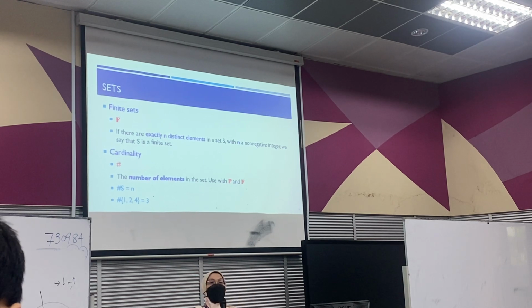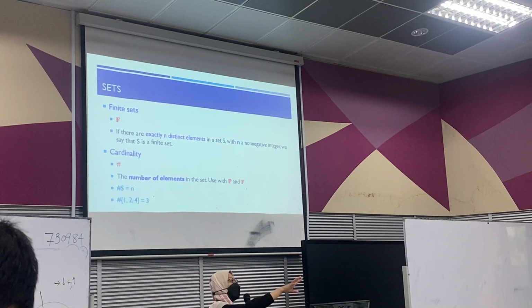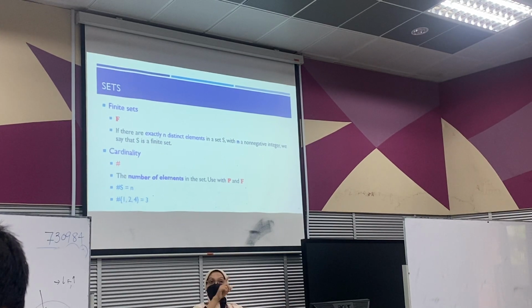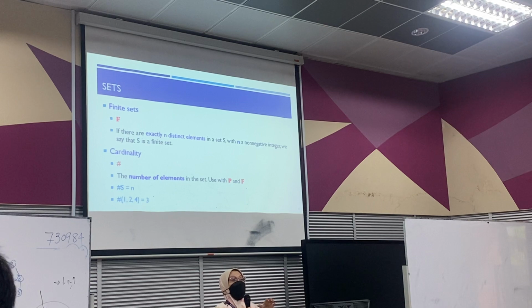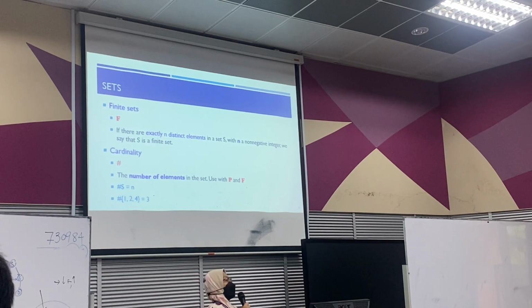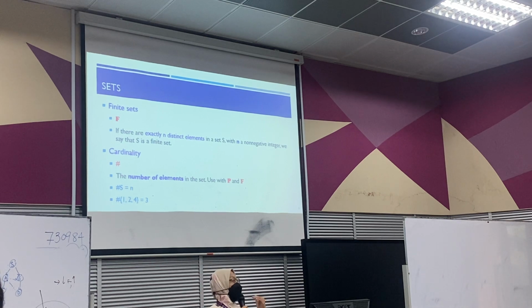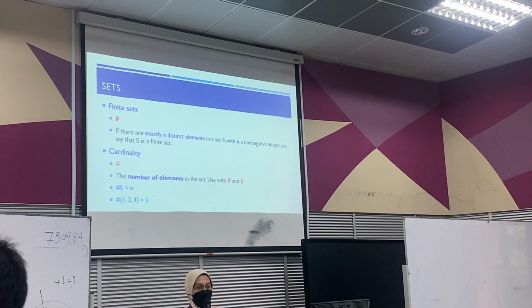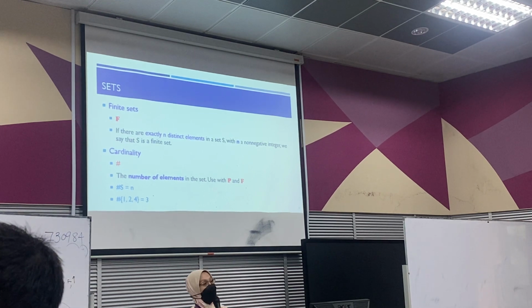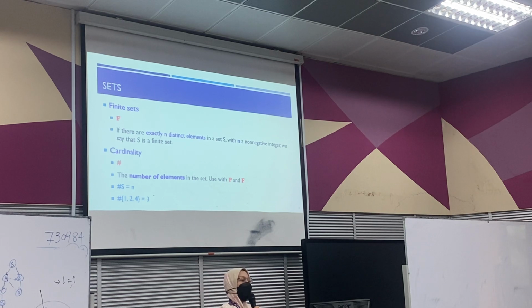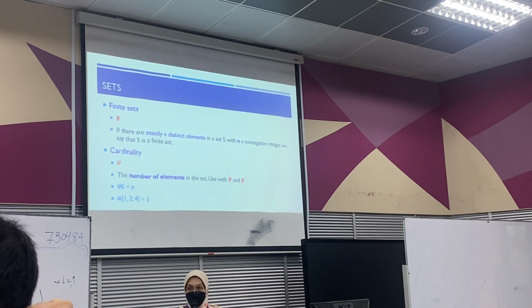Or a tutorial room: each tutorial group has a maximum of 24. If every bachelor tutorial group cannot exceed 24, rather than power set, we can also use finite set, because you know the exact size and you are not going to exceed it.